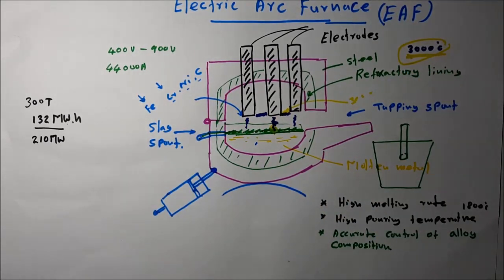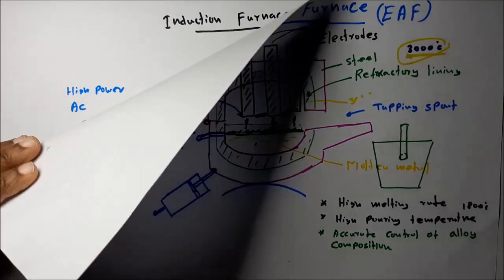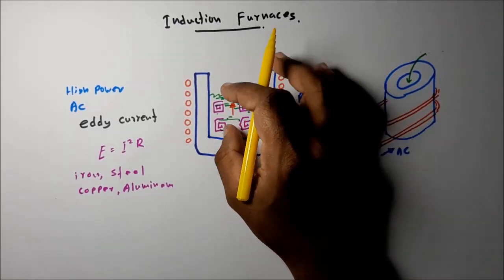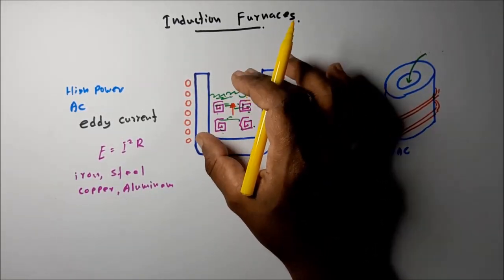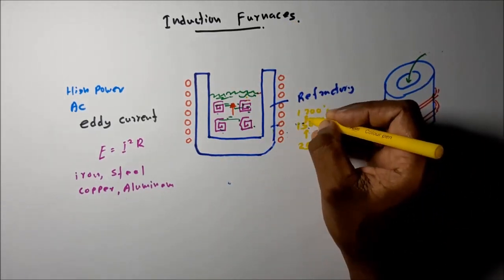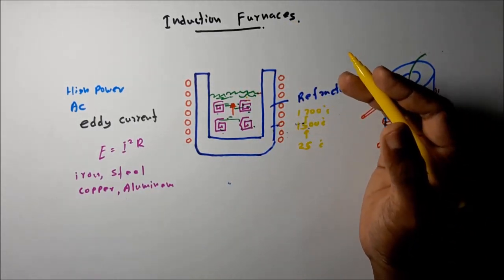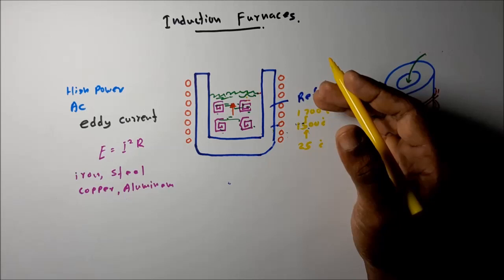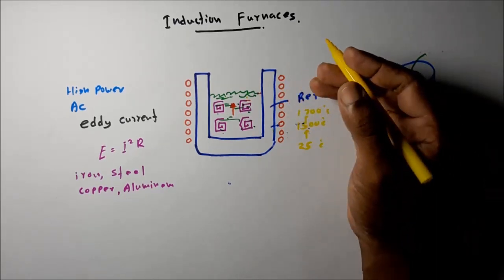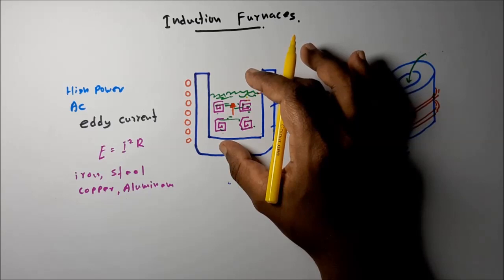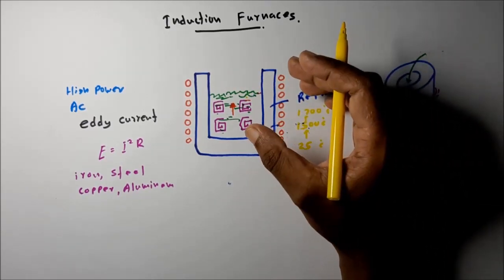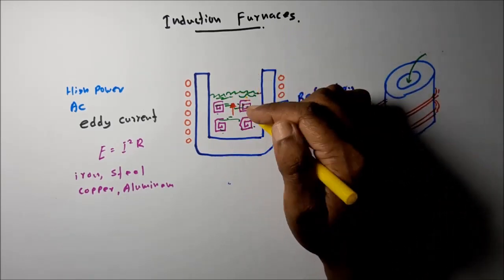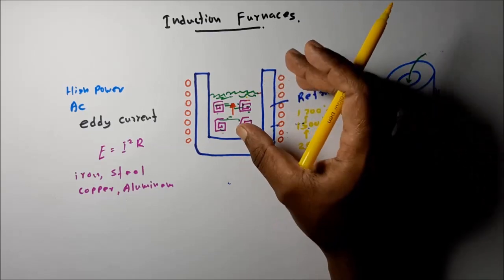But when using induction furnaces, what happens? There's no such high temperature concentration in this charging chamber. That means the temperature gradually increases from room temperature to the melting point and to the pouring temperature. So high purity molten metal can be obtained using these induction type furnaces, because the alloying element composition does not change without high temperatures, and the inner chamber composition can be closely controlled.